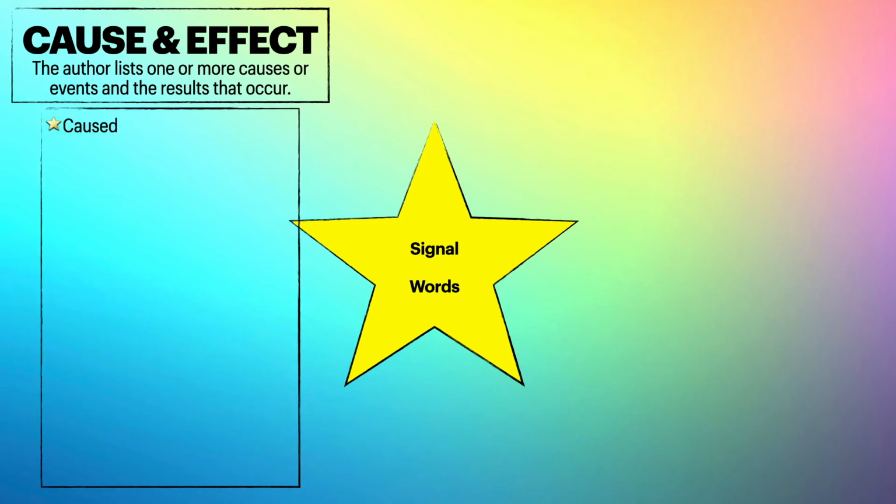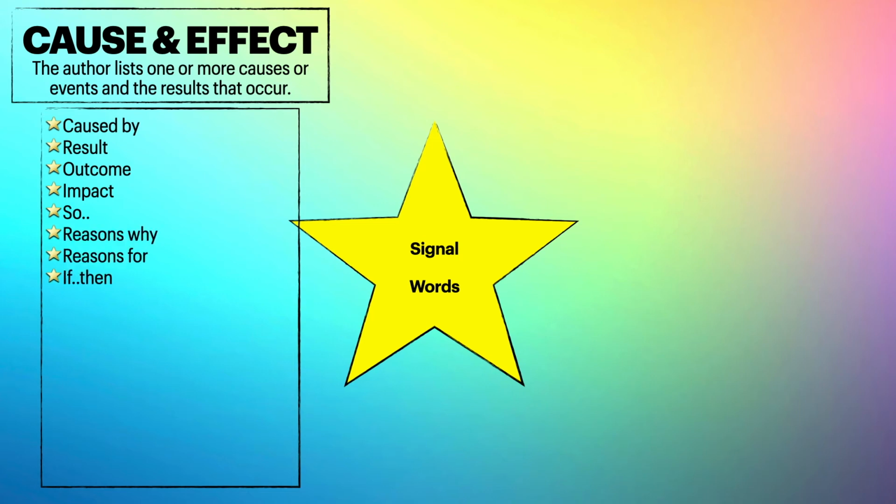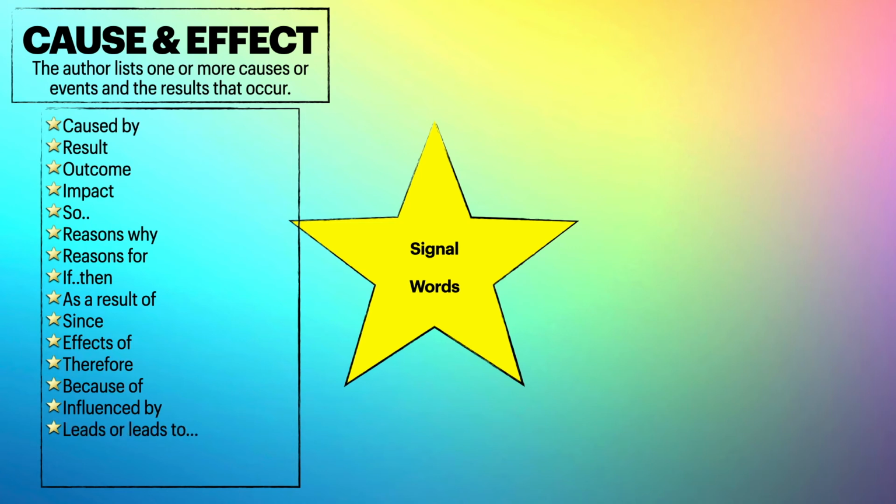These signal words are caused by, result, outcome, impact, so, reasons why, reasons for, if, then, as a result of, since, effects, therefore, because of, influenced by, leads to, in order to, brought about by.